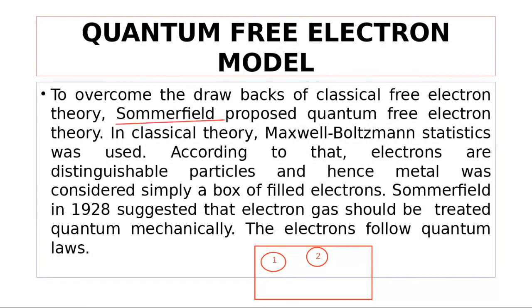In Maxwell-Boltzmann statistics they say electrons are distinguishable particles, but this could not be, because electrons are quantum particles and could not obey classical laws. They should obey quantum laws, and they can't obey Maxwell-Boltzmann statistics. So this is how the quantum free electron theory developed.